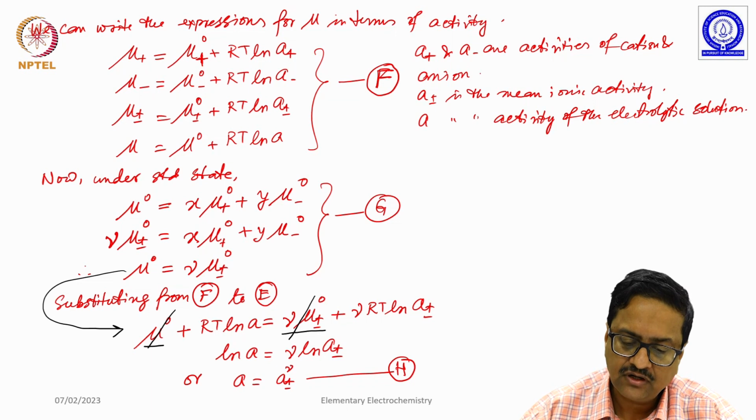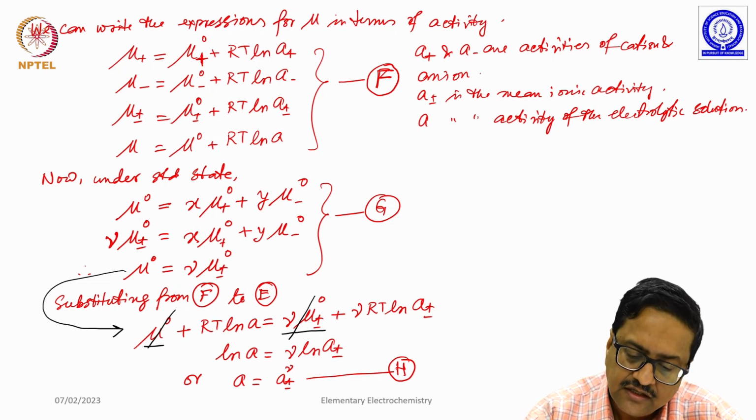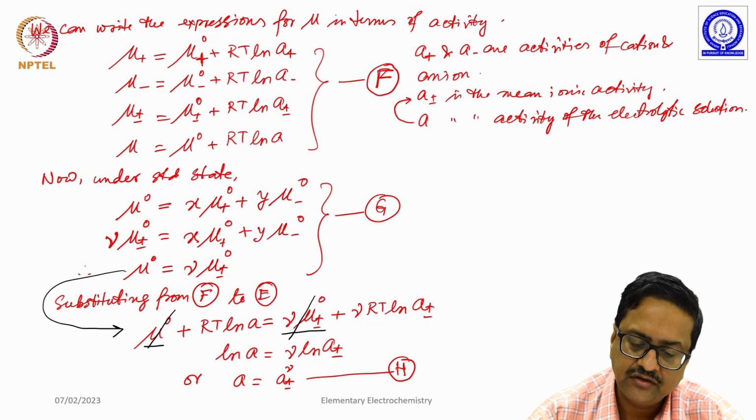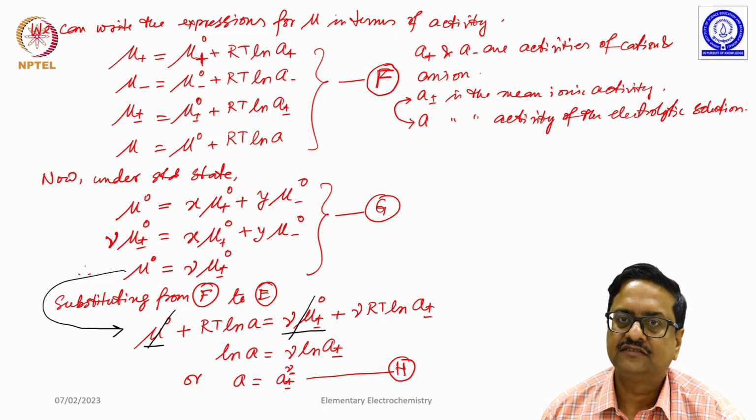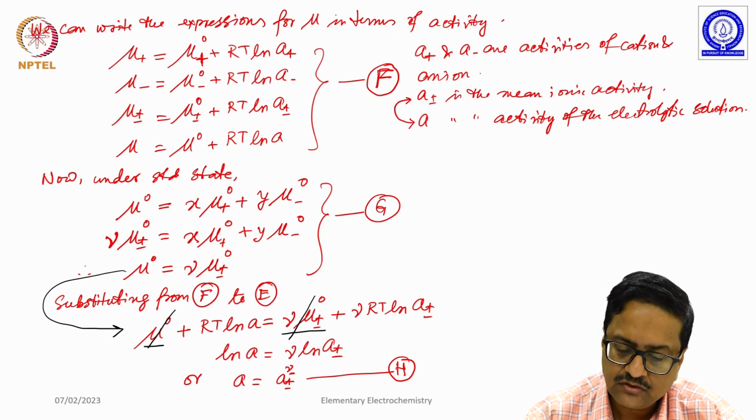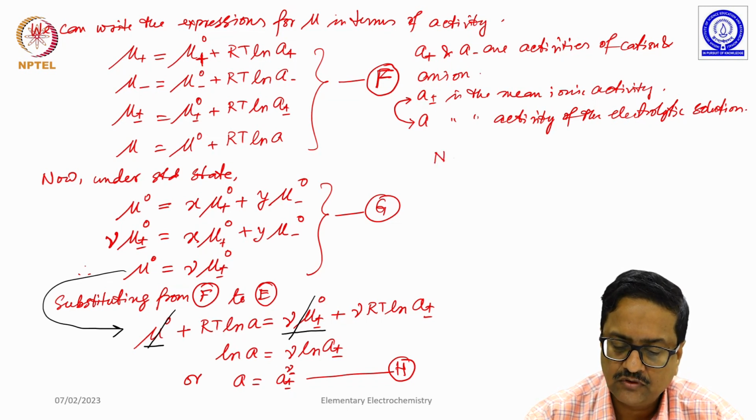So now we have got a relationship between the activity of the electrolytic solution and the mean ionic activity in terms of the stoichiometric coefficients. I just want to highlight one point here about the stoichiometric coefficient. Suppose you are talking about NaCl: x equal to 1, y equal to 1, so nu equal to 2.